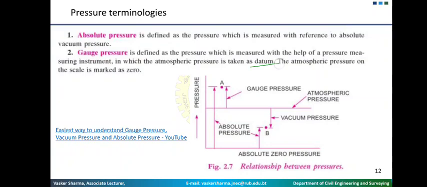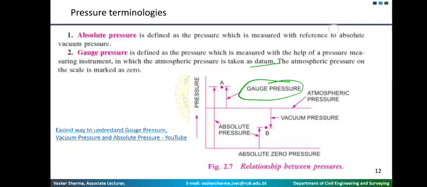When you say it's a datum, you are marking that as zero. So whatever we measure from that is the gauge pressure, which is the most used pressure in our day-to-day activities.